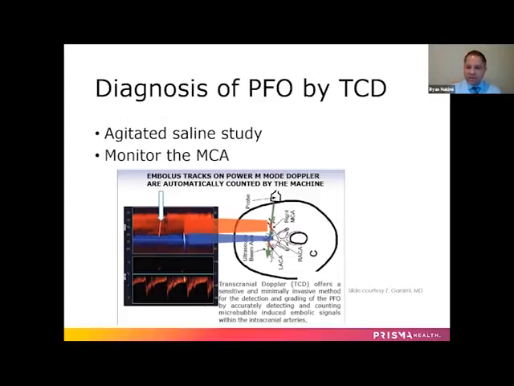What you do is inject agitated saline, and either the patient has a head frame on, where you can monitor both MCAs, or in this example, the probe is placed unilaterally on one of the MCAs, and this is what the embolus looks like. So you're actually monitoring the end organ, meaning the brain in this case, to which the emboli are going.